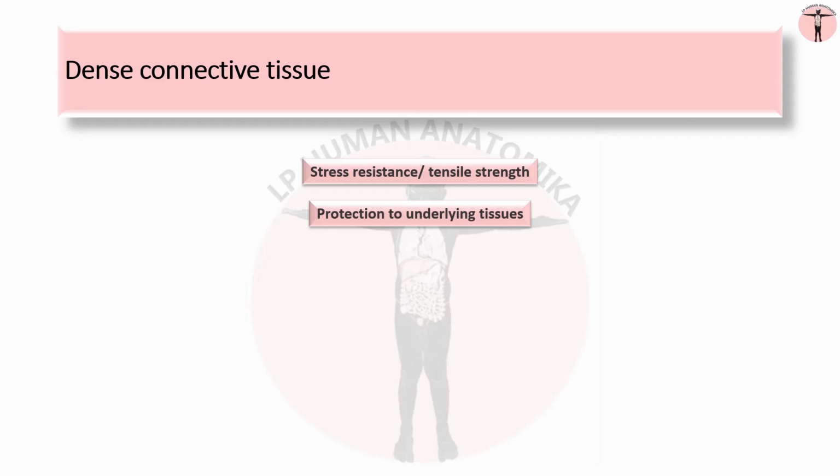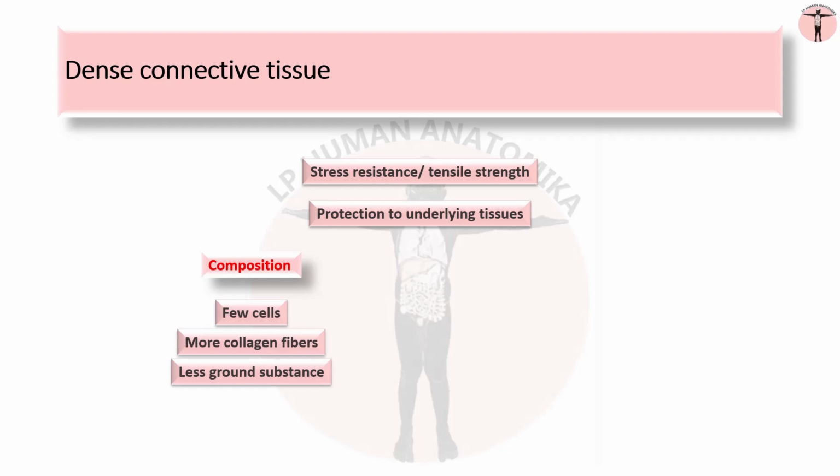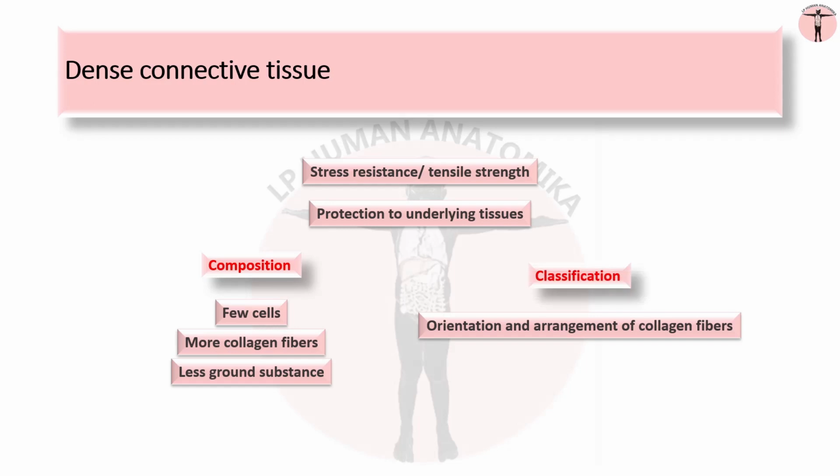It also offers protection to the underlying tissue. It is composed of few cells, more collagen fibers, and less ground substance. Based on the orientation and arrangement of the collagen fibers, it is classified into two types, dense regular and dense irregular connective tissues.